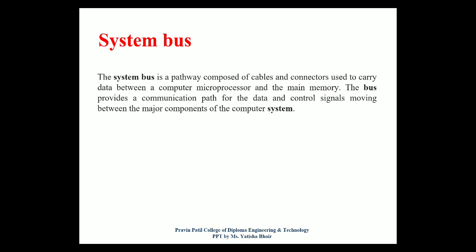It is used to transfer the data between the microprocessor and the main memory. Means if the processor wants any data from main memory, then the processor will take the help of the system bus to get that data. So between microprocessor and main memory there is a system bus which is used to transfer the data between them.